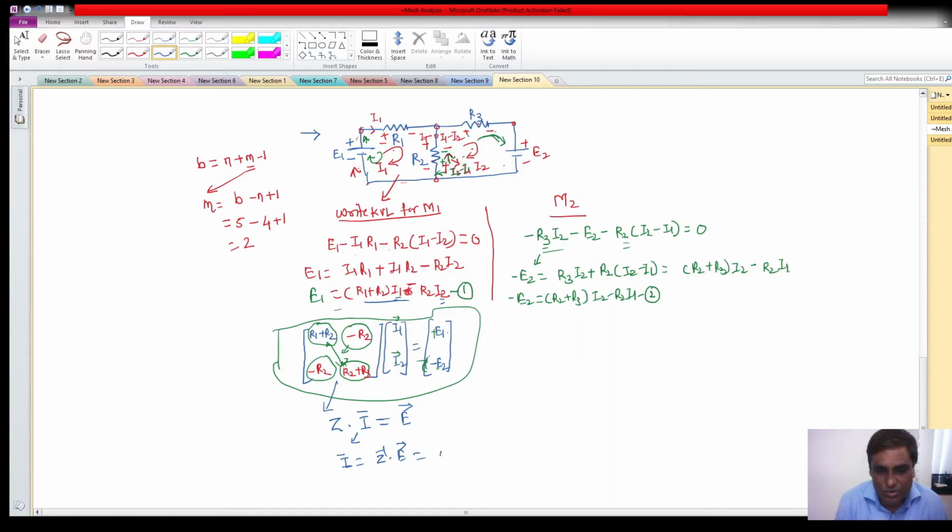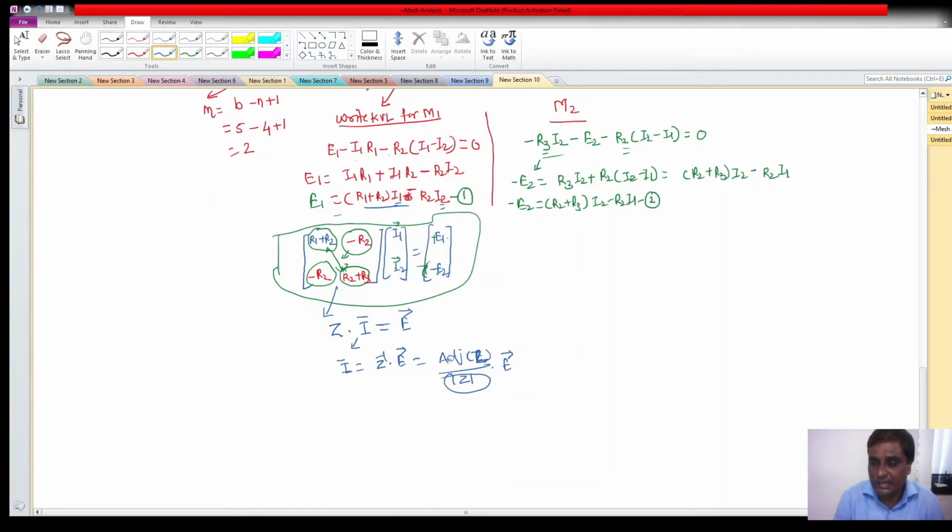And Z inverse you can find as adjoint of Z divided by determinant of Z, into the source vector. And in order to have a solution, the determinant of Z should not be equal to 0. And what is the significance of the determinant? That we have already discussed during the nodal analysis. Okay, so this way you can solve the circuit using mesh analysis.